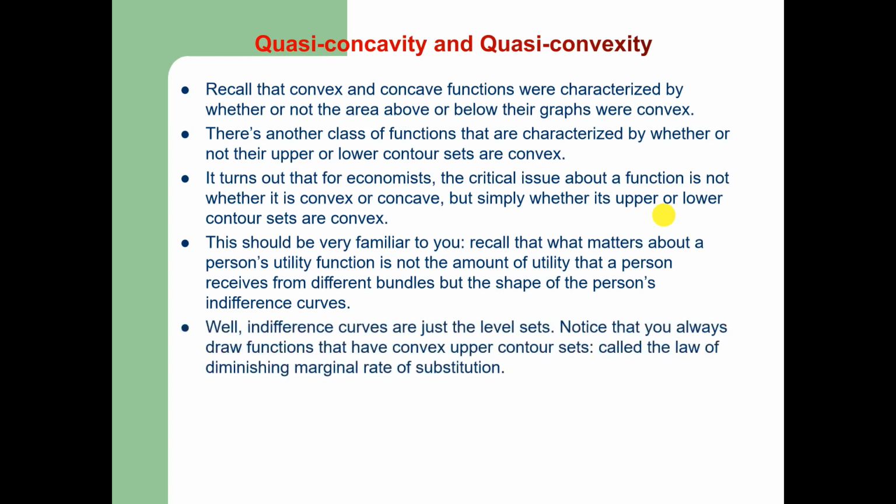Indifference curves are just the level sets, and we may note that we always draw functions that have convex upper contour sets, called the law of diminishing marginal rate of substitution. So usually we draw indifference curves in such a way that they are convex to the origin, and that basically indicates that there is a diminishing marginal rate of substitution between the two goods as we move from left to right downward.